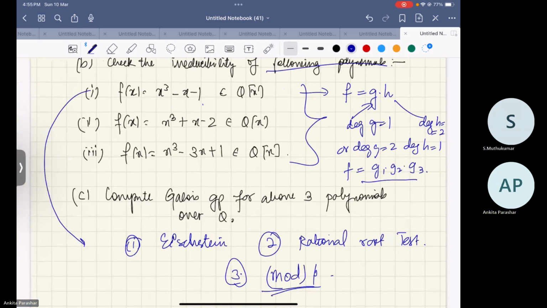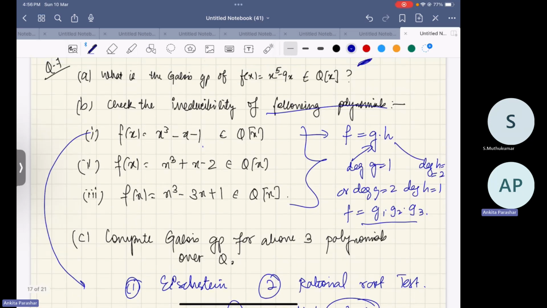What is that? The mod p test. So if you can find a root modulo p, then you can find it in Q also. And if you don't have any root modulo p, then your polynomial does not have any root, right? Irreducible.